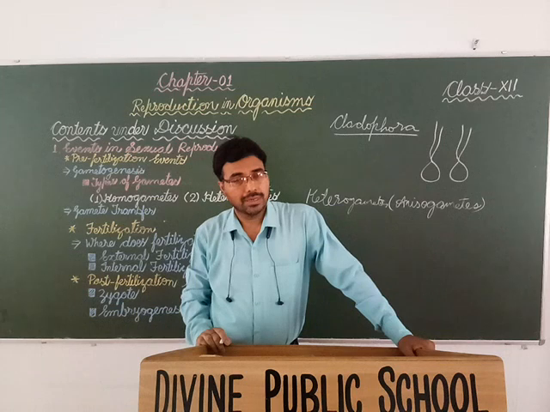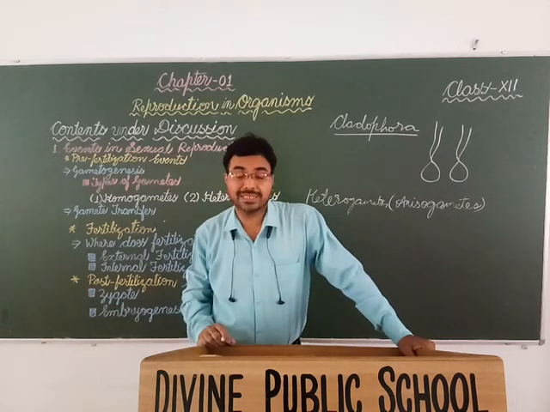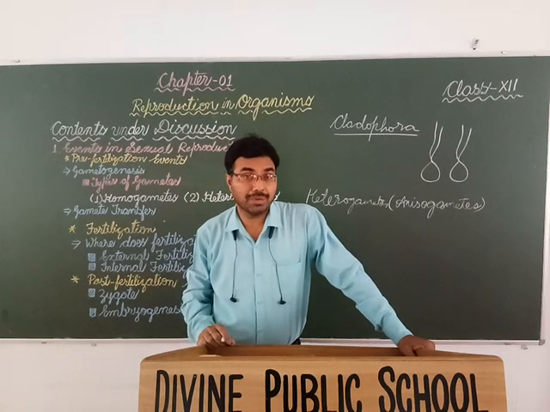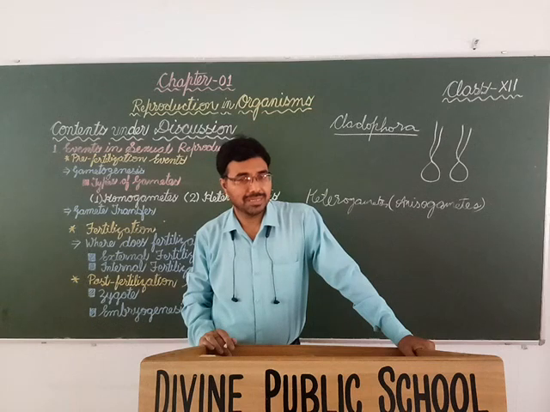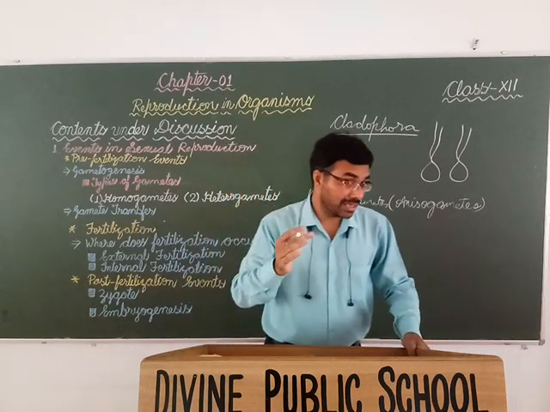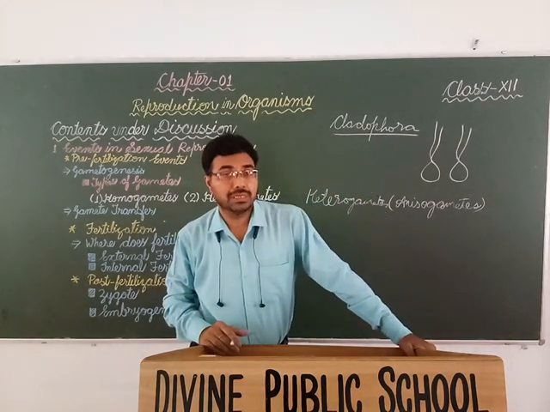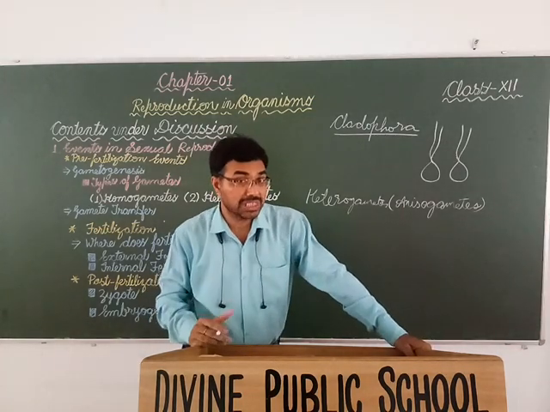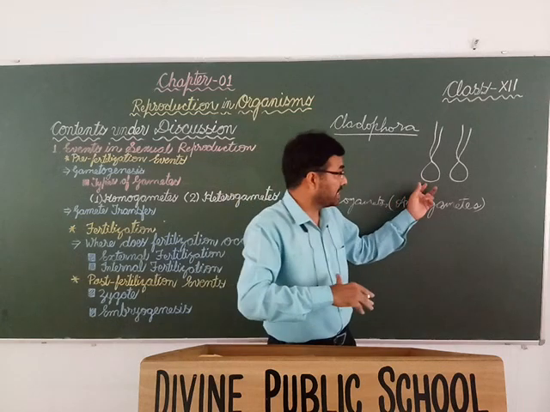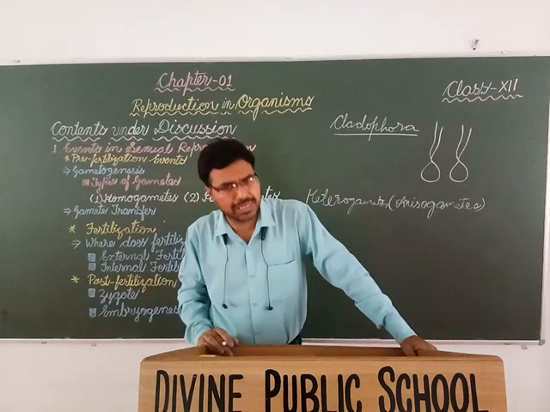Students, as I told you, these are isogametes. Why are they called isogametes? Yes, because here we are not in the condition to differentiate, or to tell, which exactly is the male gamete and which exactly is the female gamete.